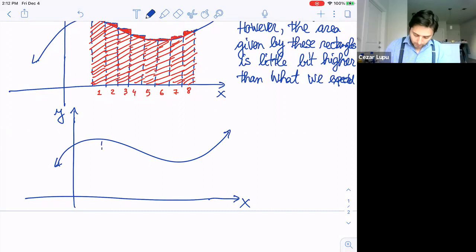Now I'm going to do the same thing, taking more rectangles, like this.